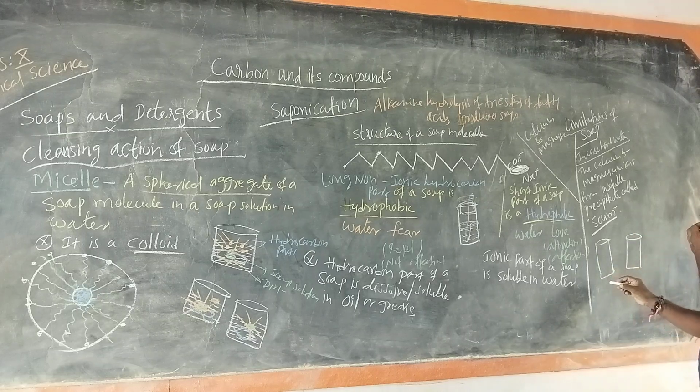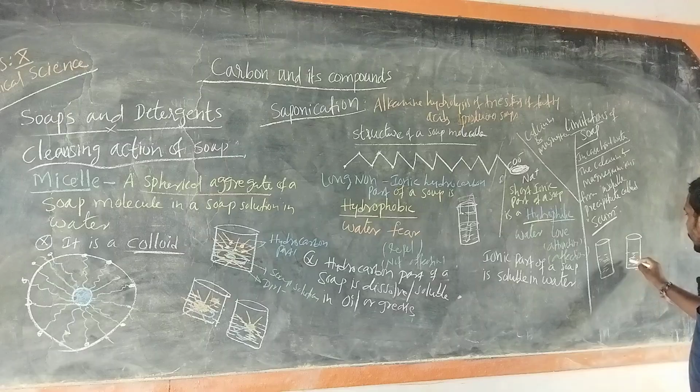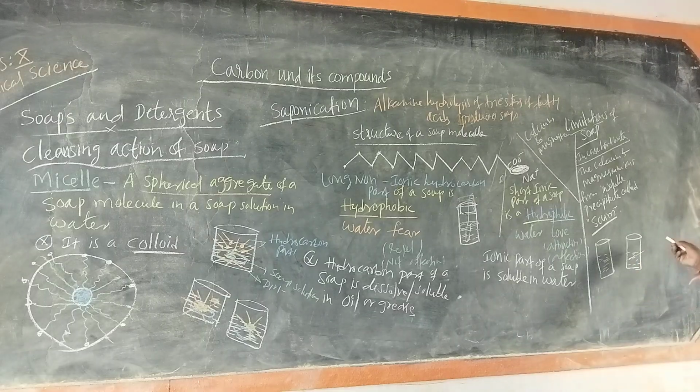In one test tube, take distilled water. In the other, take water and add any calcium or magnesium salt. If you add any calcium salt or magnesium salt into the water, then it becomes hard water. And the distilled water is soft water.